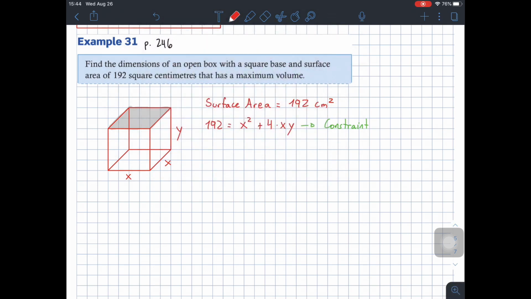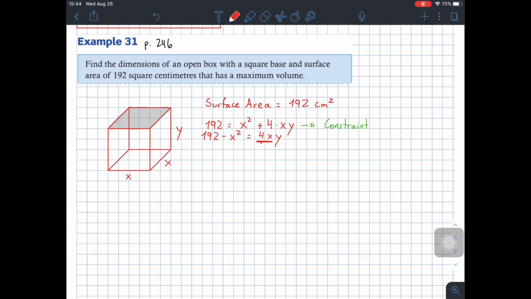Now, from our constraint, we need to, as always, try to leave one variable alone, right? I see that the y is easier to solve for, easier to leave alone than the x. So that's exactly what we're going to do. We're going to leave the y alone, okay? So we can say that, for example, 192 minus x squared is equal to 4xy.